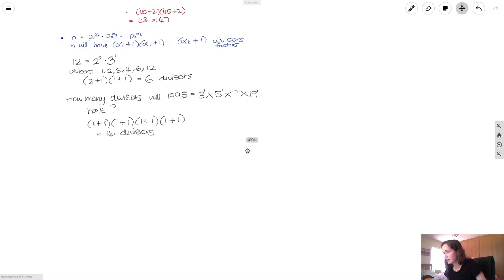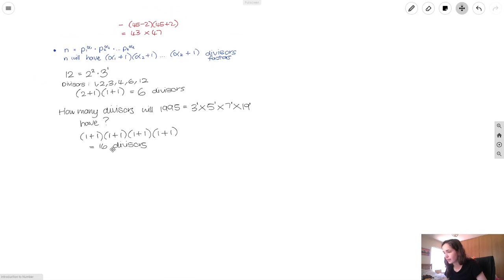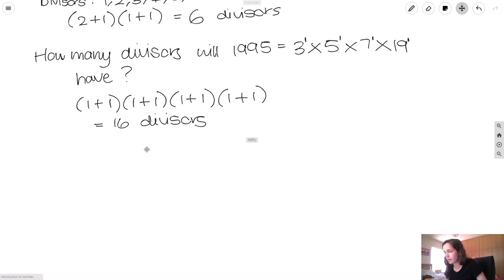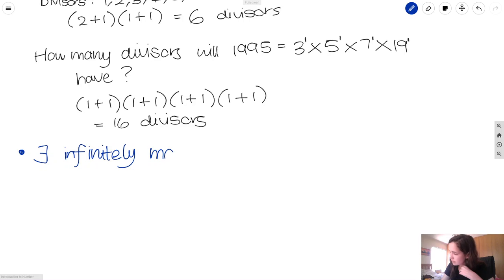Next rule is for the infinitude of primes. This rule states, or Euclid proved, that there exist infinitely many primes. I'm not going to do the proof now, but it is a very nice proof.